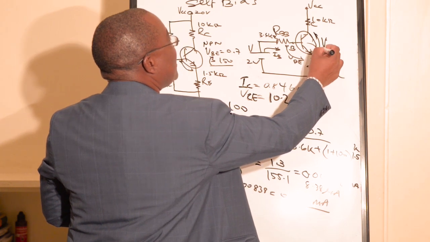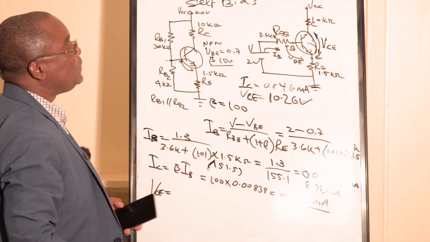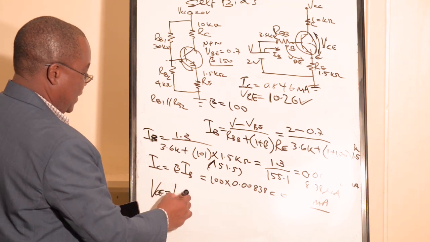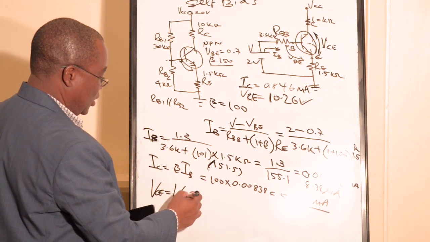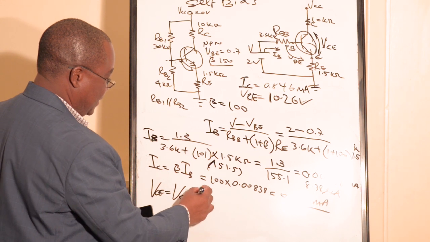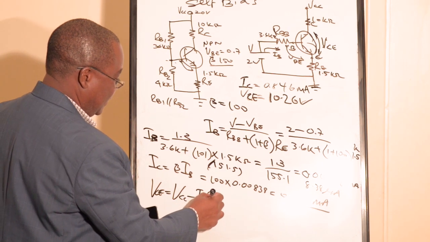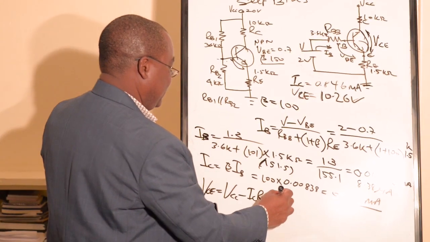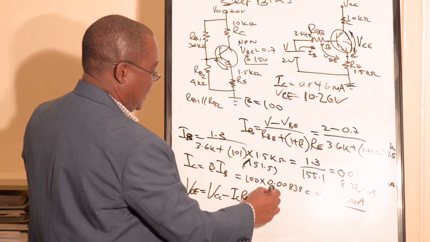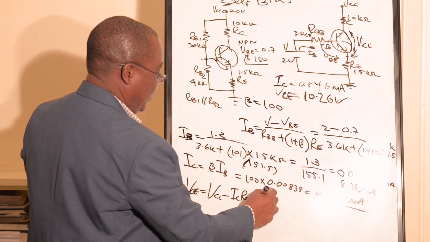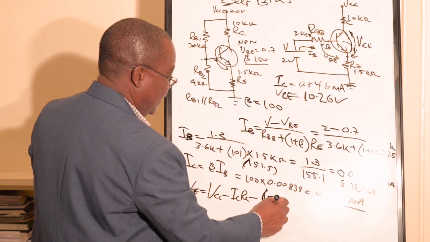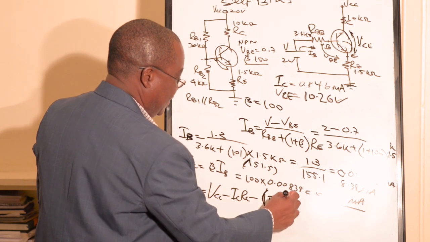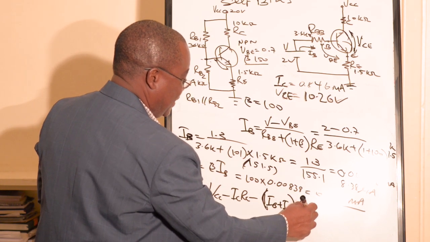Is collector emitter voltage. The formula is Kirchhoff's voltage law: VCC minus IC RC minus the summation of IB and IC times RE, the emitter resistor.